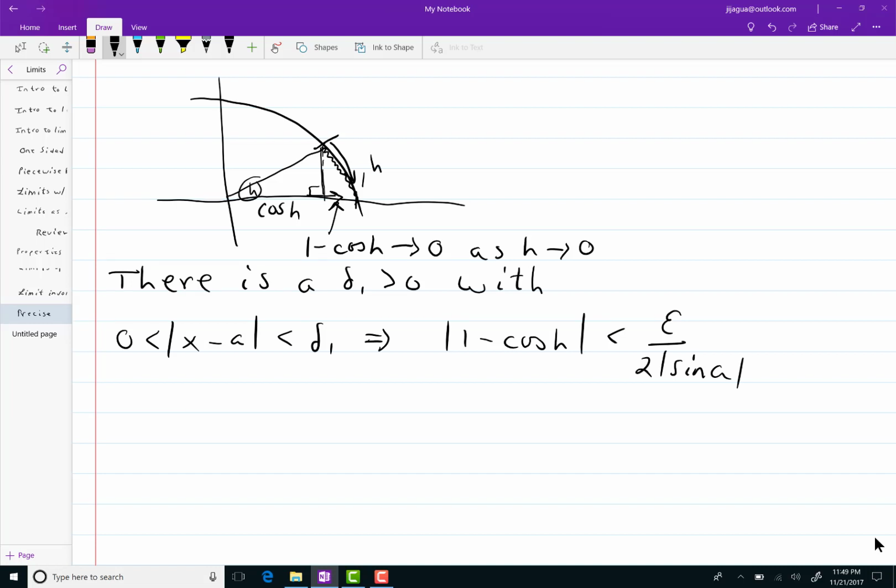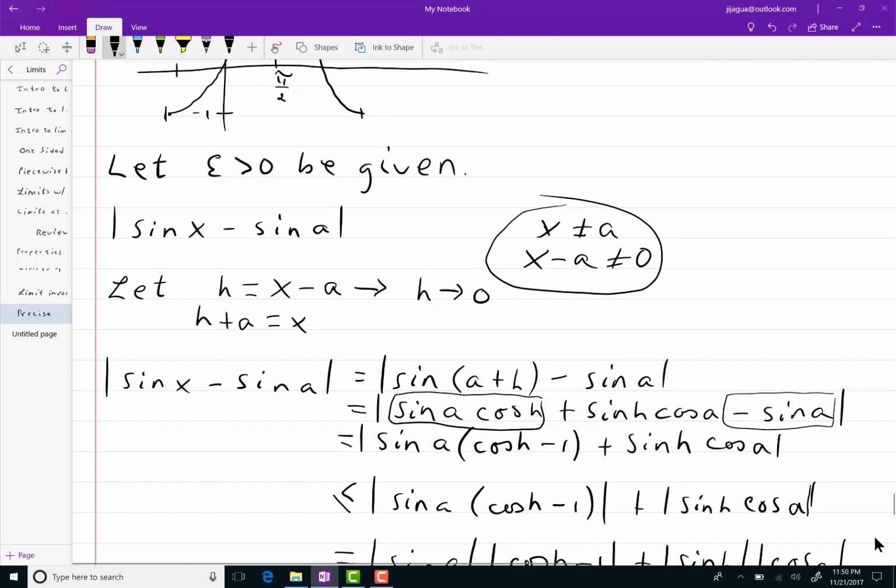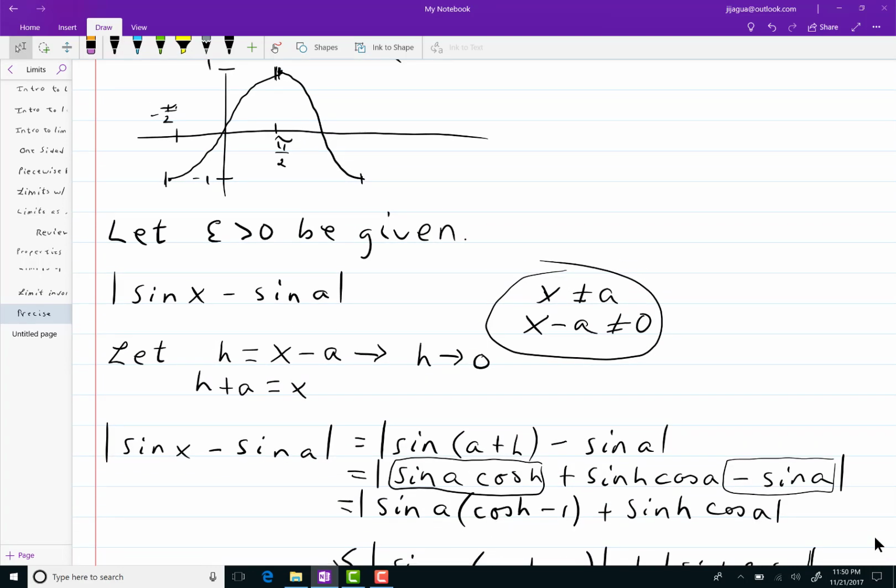We can see as that goes to 0, we even had done that sine of h was less than or equal to the absolute value of h, which proved that sine of h goes to 0 as h goes to 0.